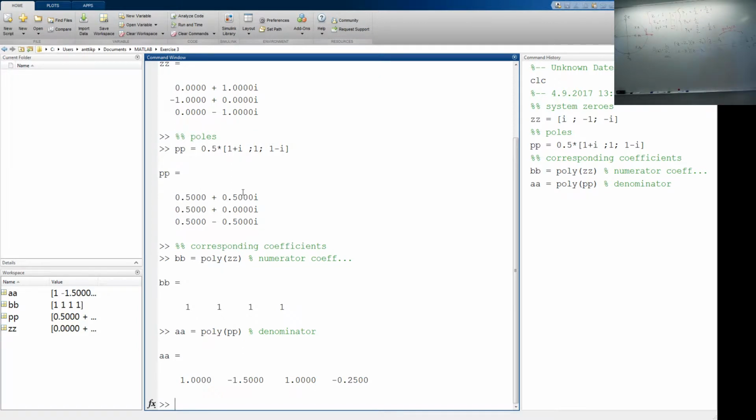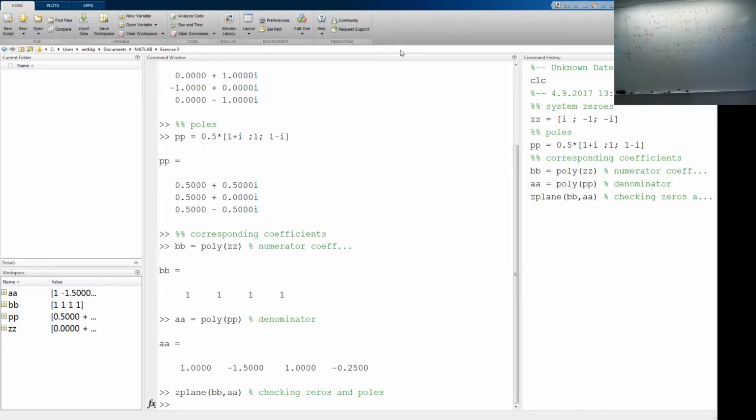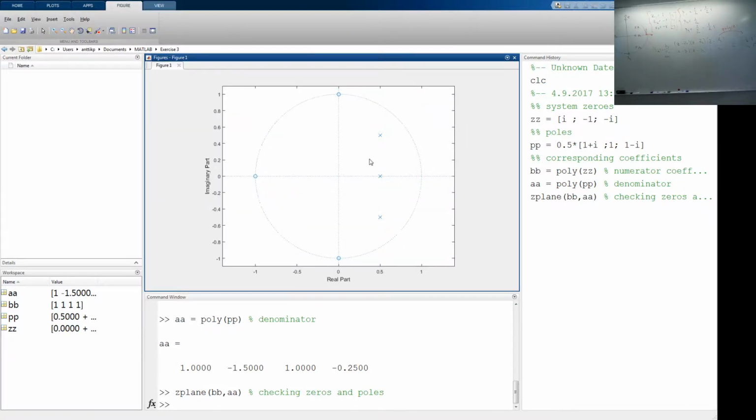Now we can do some other things like, well, just for fun I will check if this is the system where I started. Z-plane, checking zeros and poles. Z-plane. Yeah, wow, that's cool.